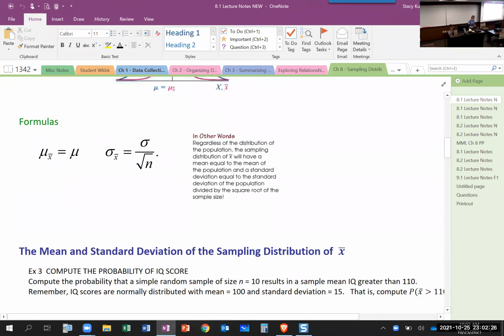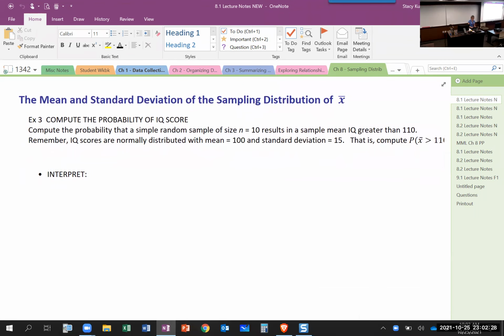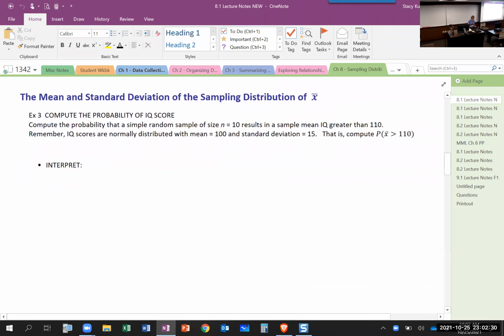Okay, now let's use this idea right here. It says, I want to know what the probability is that if I take a random sample of size 10 for the IQ problem, what is the probability that in that sample of size 10, the results of our sample mean is greater than 110?